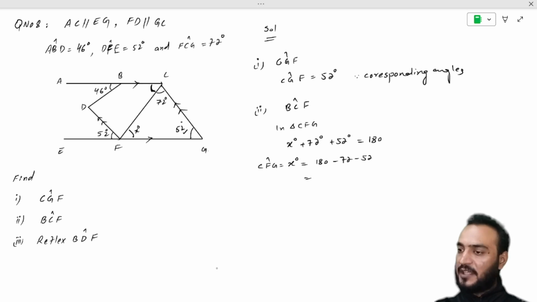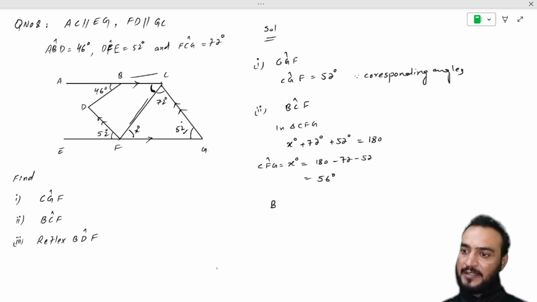If we subtract these two from 180, the answer becomes 56. So the value of this angle is 56 degrees.